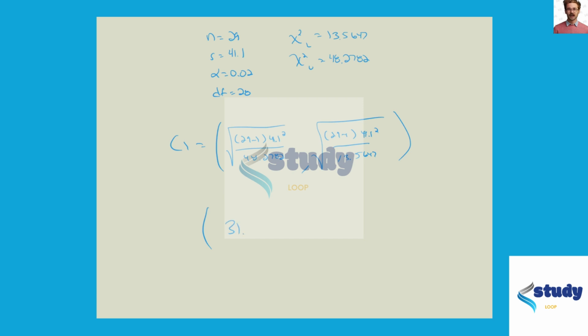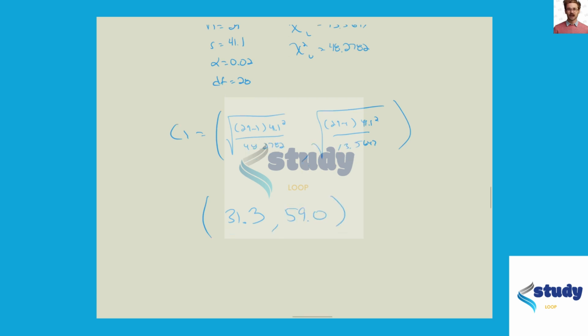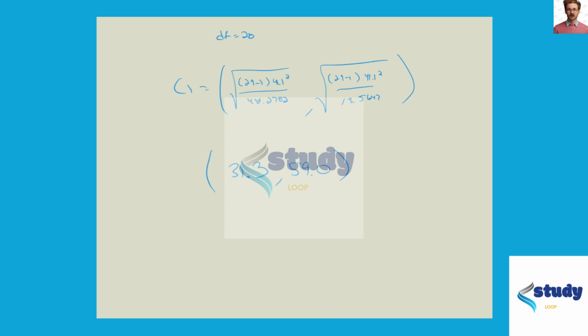And this is 31 point, well, maybe I'll just go 31.3. And the upper is about 59.0 to 1 decimal place, and as a result indicate that the treatment was effective.